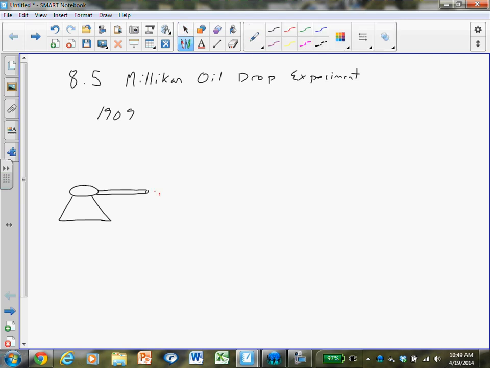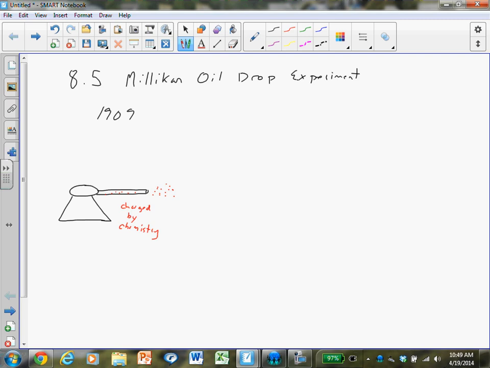And out would come this mist of droplets from it. In this case, it was oil. But as these droplets traveled through the long tube, they would become charged. And they would charge by chemistry. So they would pick up some extra electrons. Some of them wouldn't pick up any.